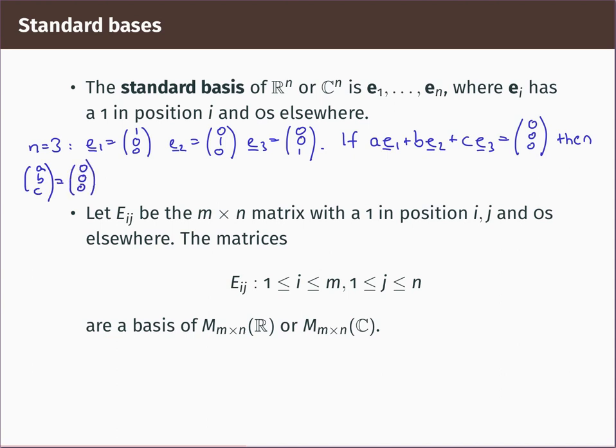If that's equal to the zero vector, we must have a, b and c equal to 0. That proves that these three vectors are linearly independent. And in fact, the same argument would work no matter what n was: the vectors e1 up to en are linearly independent.